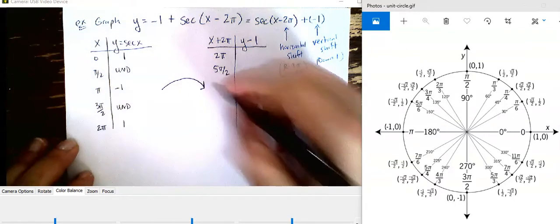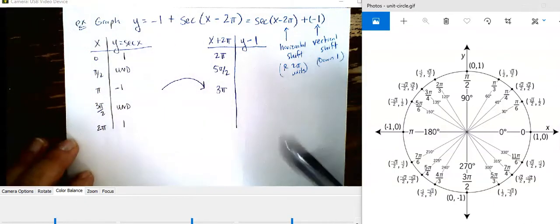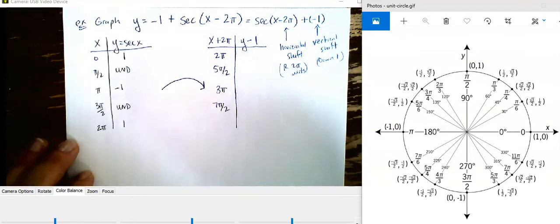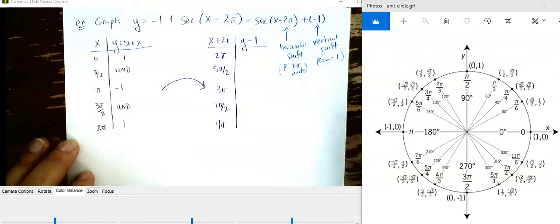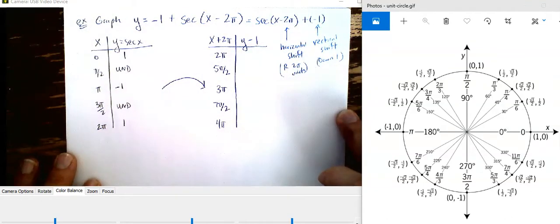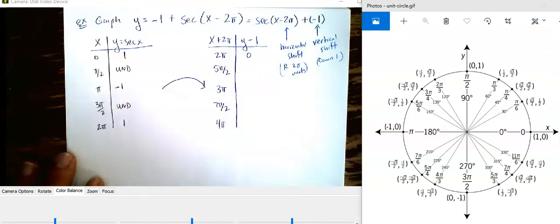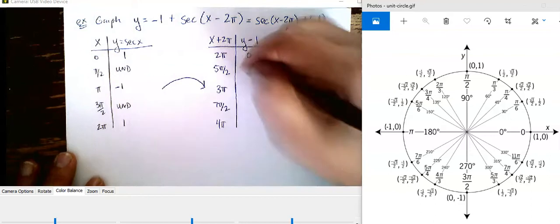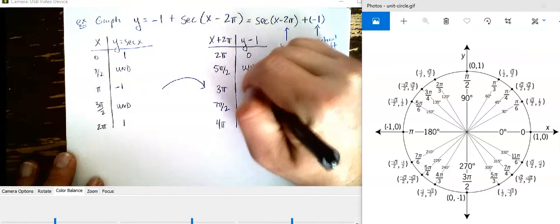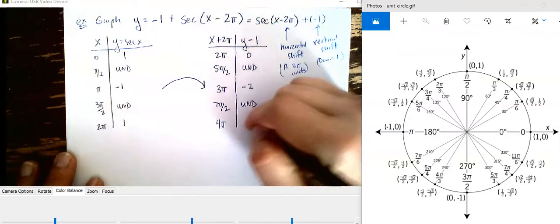Pi plus 2 pi is 3 pi. 3 pi over 2 plus 2 pi is 7 pi over 2. And 2 pi plus 2 pi is 4 pi. Here we're going to subtract 1 from all the y's. So 1 minus 1 is 0. An undefined value minus 1 is still just undefined. -1 minus 1 is -2. Again, undefined. And 1 minus 1 is 0.